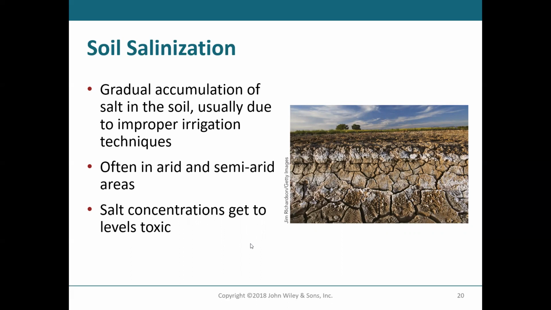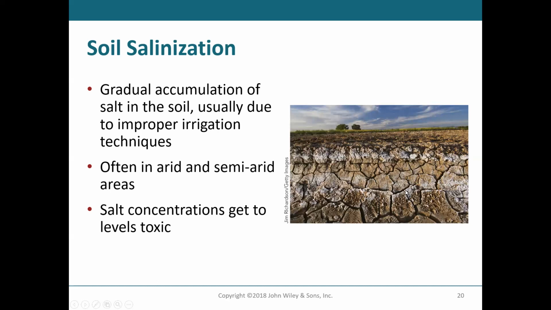It often happens in arid or semi-arid areas that have high natural concentrations of inorganic compounds, such as mineral salts. And because of this, the amount of water that drains into deeper soil is minimal because the precipitation that falls quickly evaporates, leaving the salt behind.